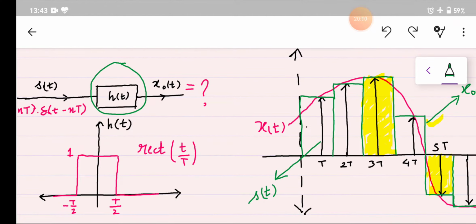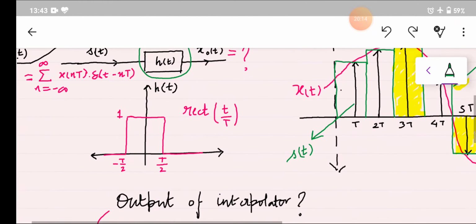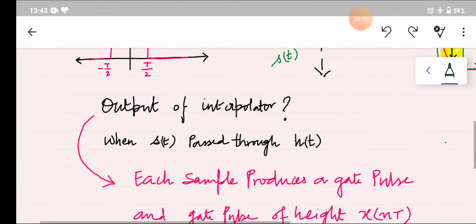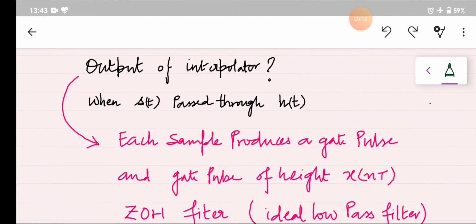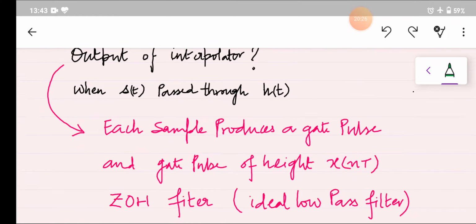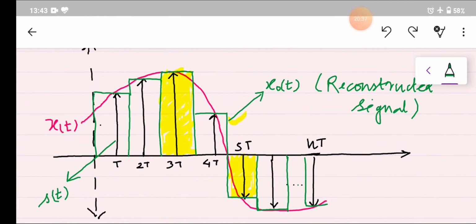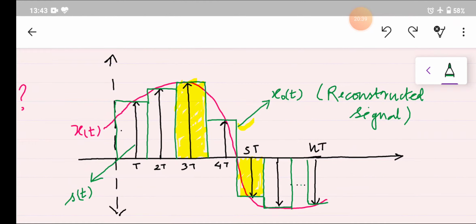After the signal is interpolated with the interpolator having an impulse response of rectangular t by capital T, the output of the interpolator is a gate pulse for each sample. So for each sample we have drawn a gate pulse, and these gate pulses give us a reconstructed signal which is used to obtain our original signal xt.